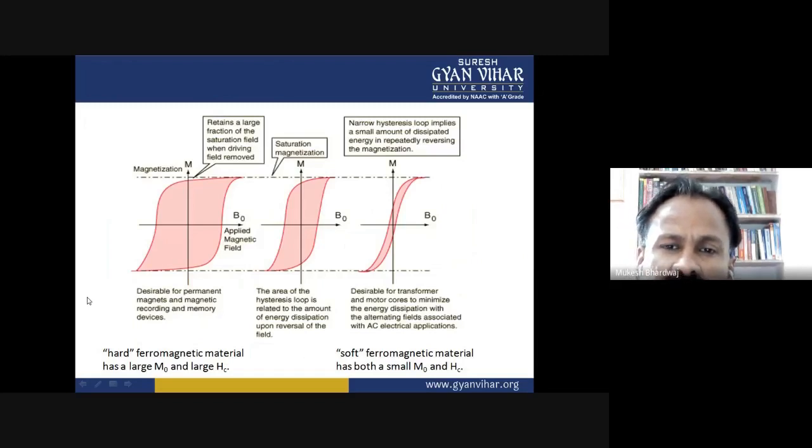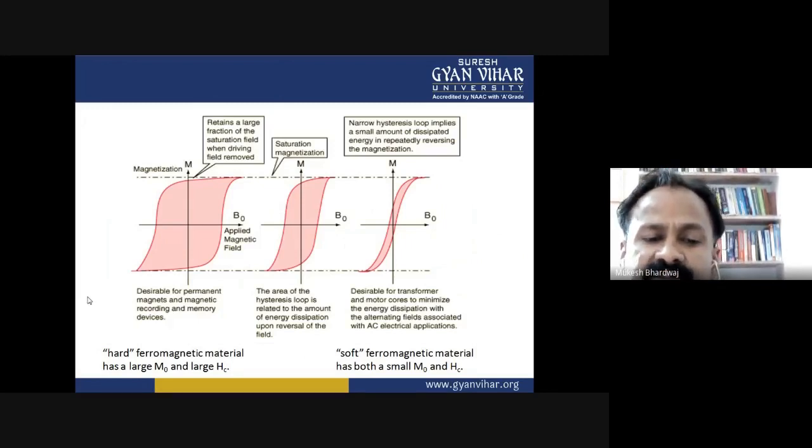Now, these are the hysteresis curves or loops for hard and soft magnetic materials. Before discussing these graphs, I'll let you know what we mean by soft magnetic material and hard magnetic material.